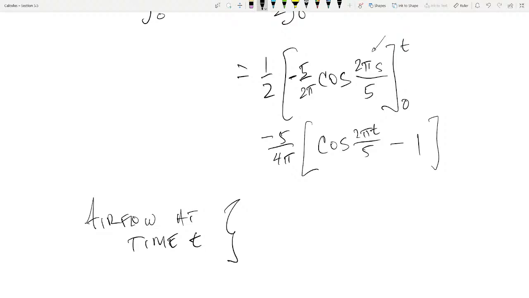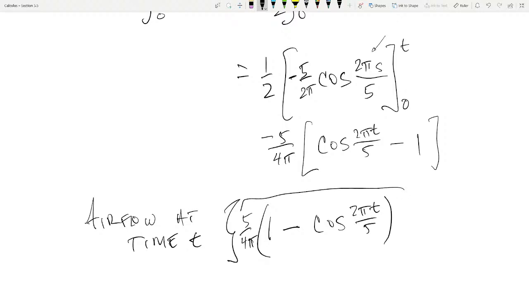So it'll be 1 minus, let's go 5 over 4 pi times 1 minus cosine of 2 pi t. That should be the answer here. Liters.